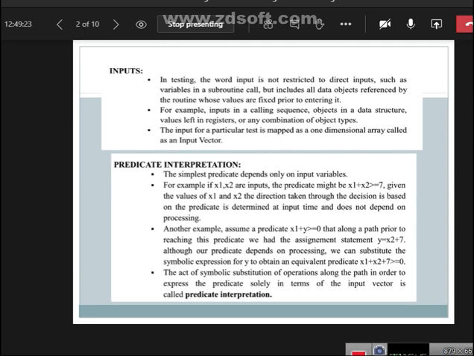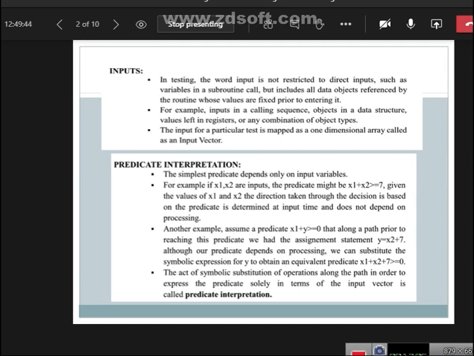Along a path prior to reaching this predicate, we had an assignment statement, y is equal to x2 plus 7. Although our predicate depends on the processing, we can substitute the symbolic expression.